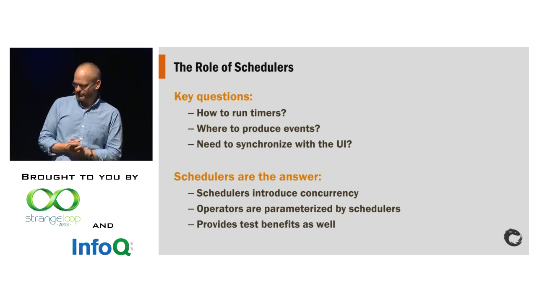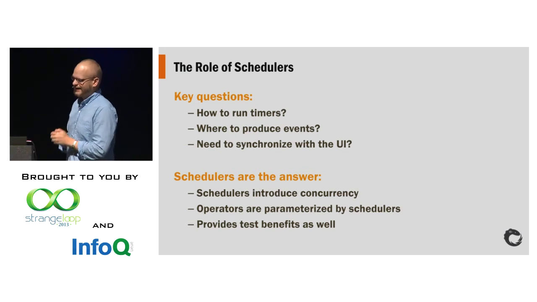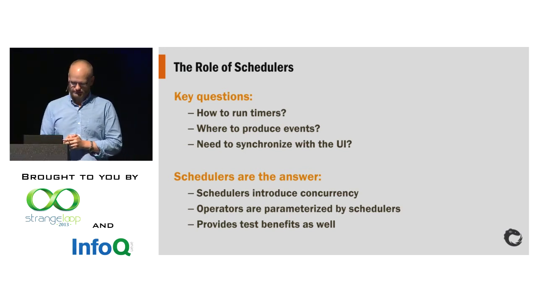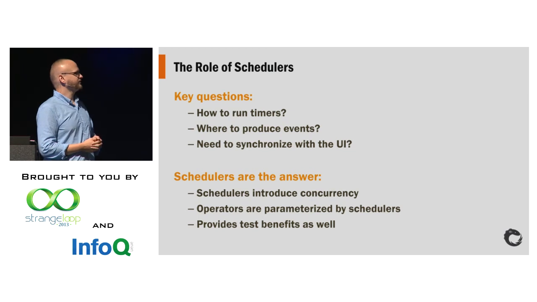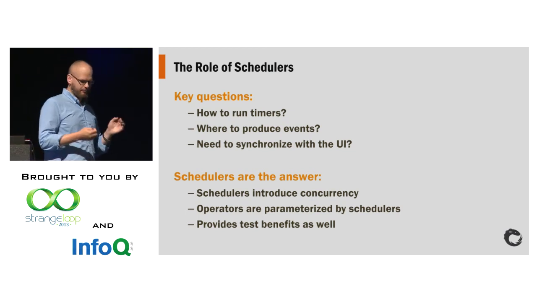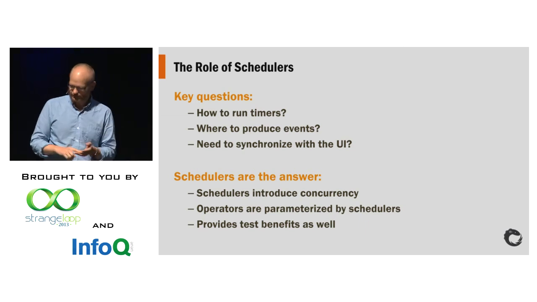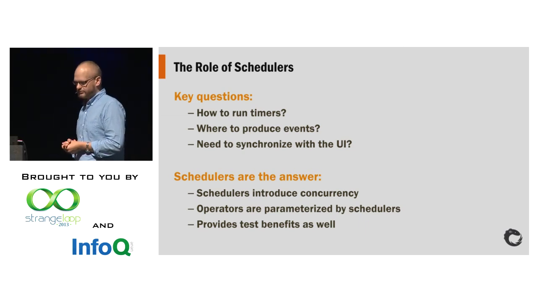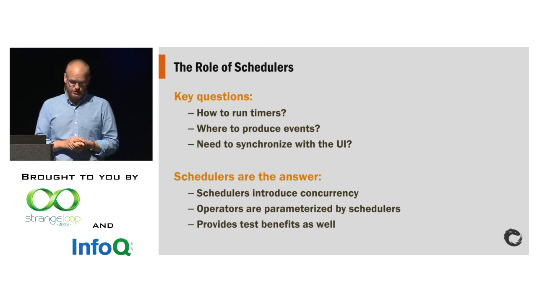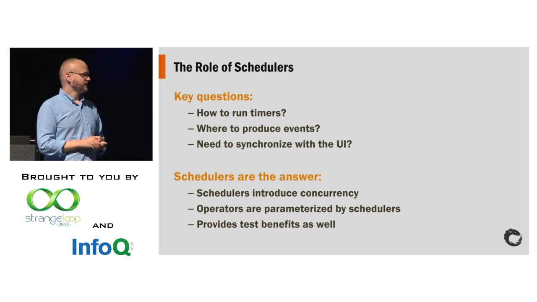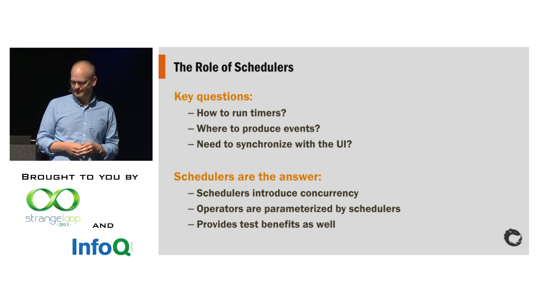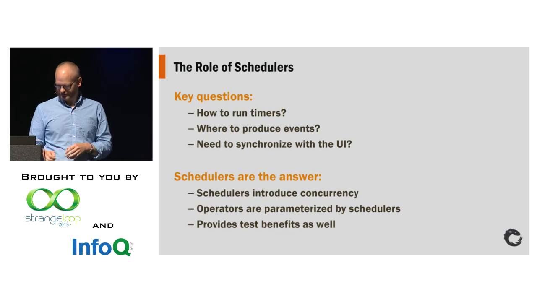So it introduces the concurrency. It's the heart and soul of how things are executed. So without them, Rx largely does nothing. And the operators themselves are parameterized so that during creation and various other times, such as time, you can actually parameterize that. And what that gives you is testing benefits that you'll see in just a second.